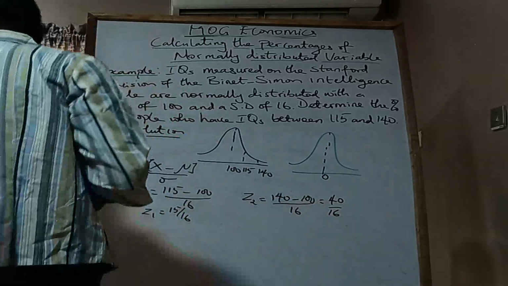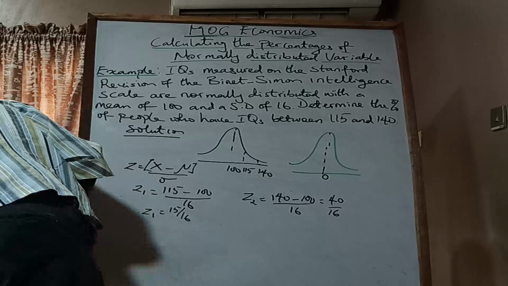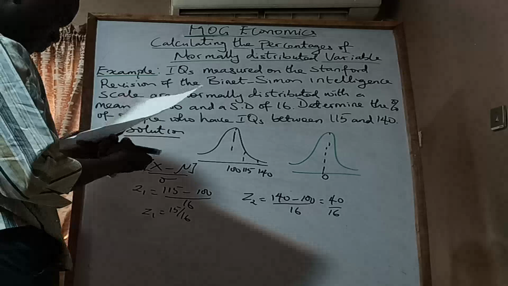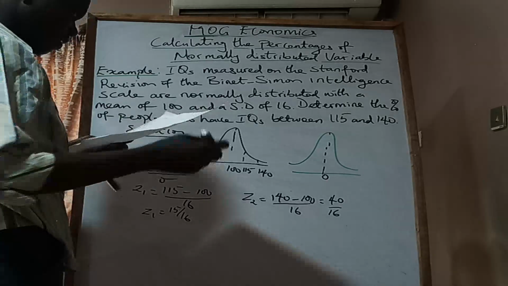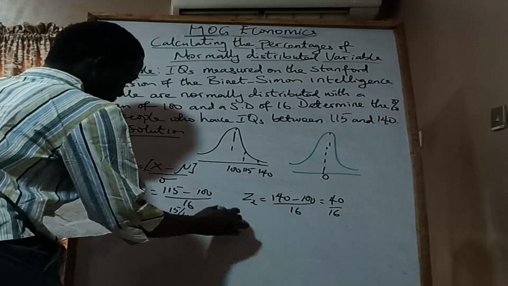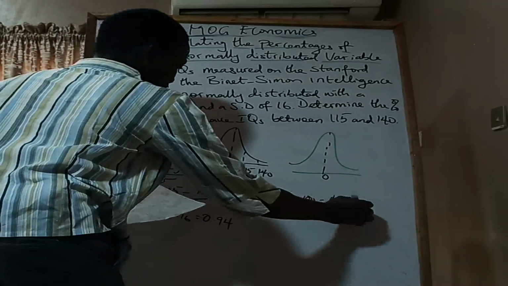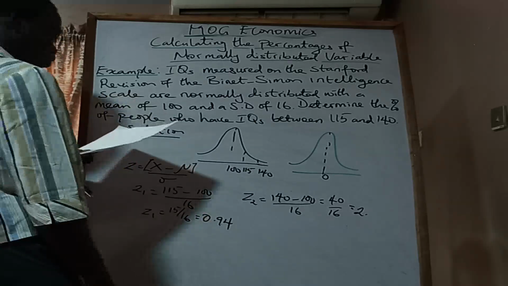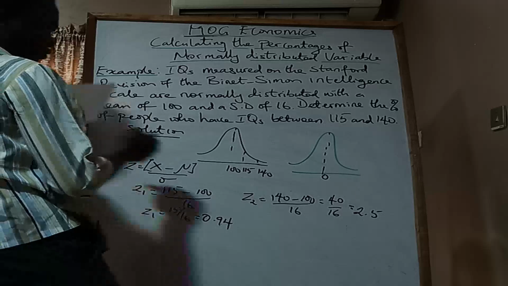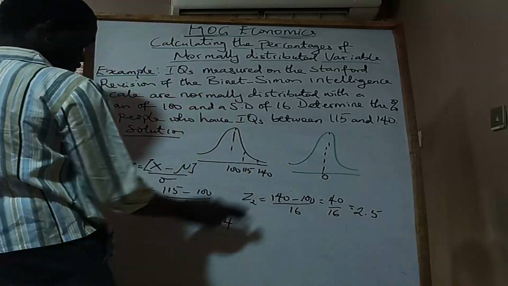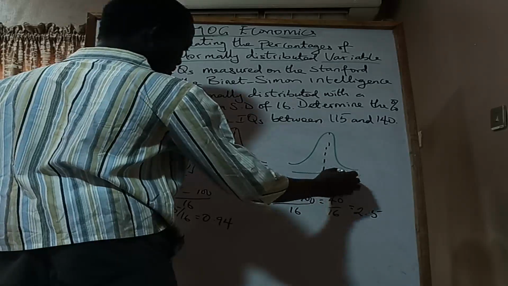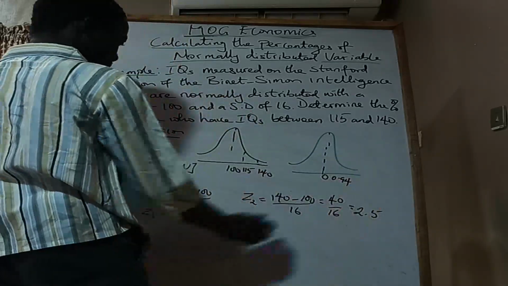Solving them out, 15 over 16 is 0.94, and 40 divided by 16 is 2.5. So now we have two z-scores: for 115 we have 0.94, and for the other one we have 2.5.